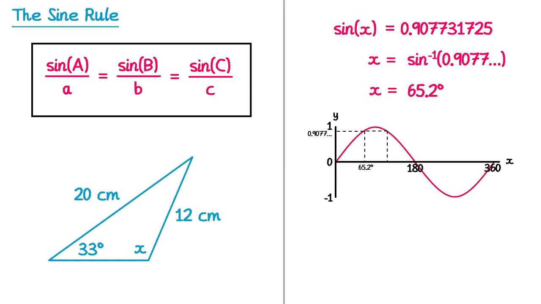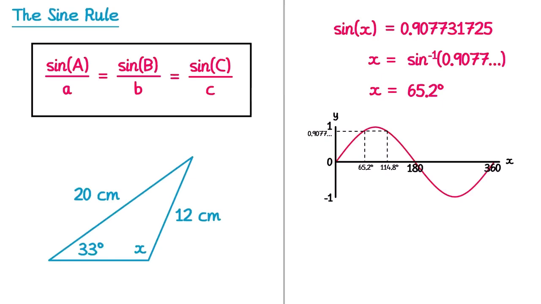If you do 180 minus 65.2, you get 114.8. So the sine of 65.2 and the sine of 114.8 both give you 0.9077 and so on. So in this question, it might well be the case that the actual answer is 114.8.